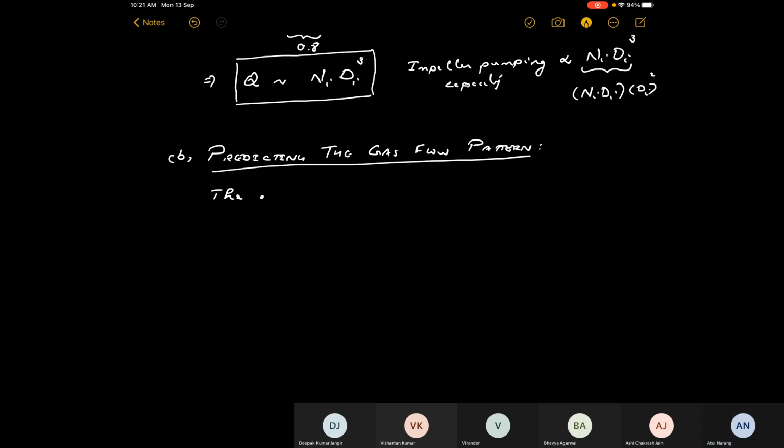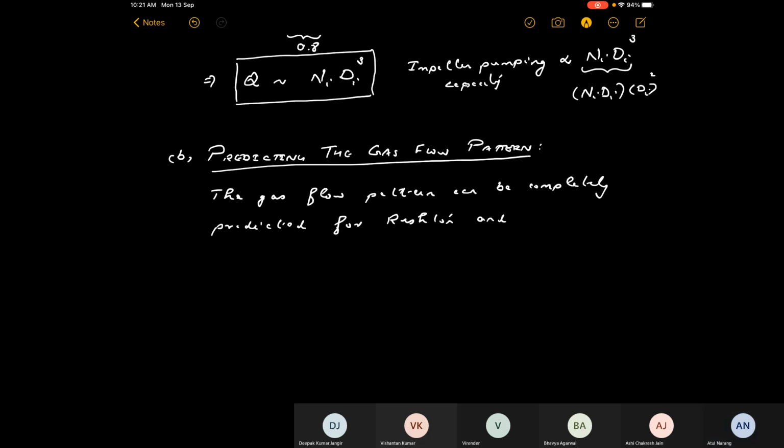The gas flow pattern can be completely predicted for Rushton and also some other impellers, if we know a few things.